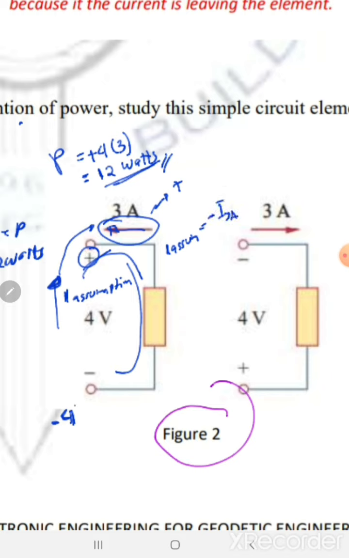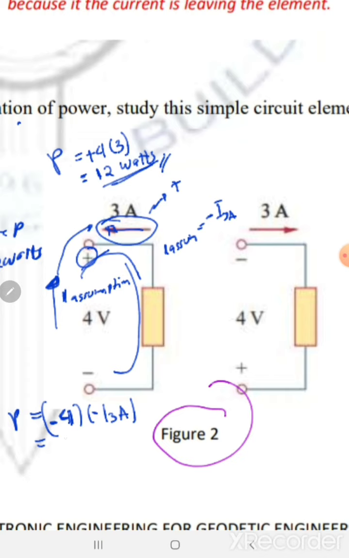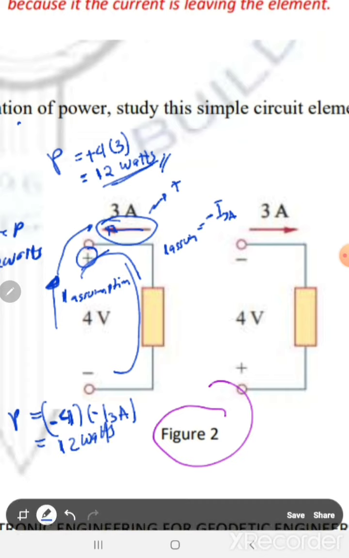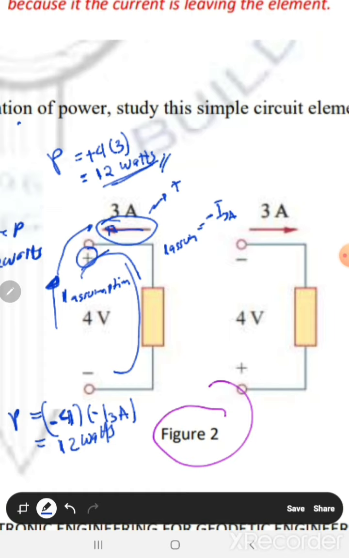So therefore, multiplied by negative of 3 ampere, you will have a value of your power equal to 12 watts. Hindi magbabago yan, guys. As long as pag alam mong kinontra mo yung current, ine-negative mo siya.